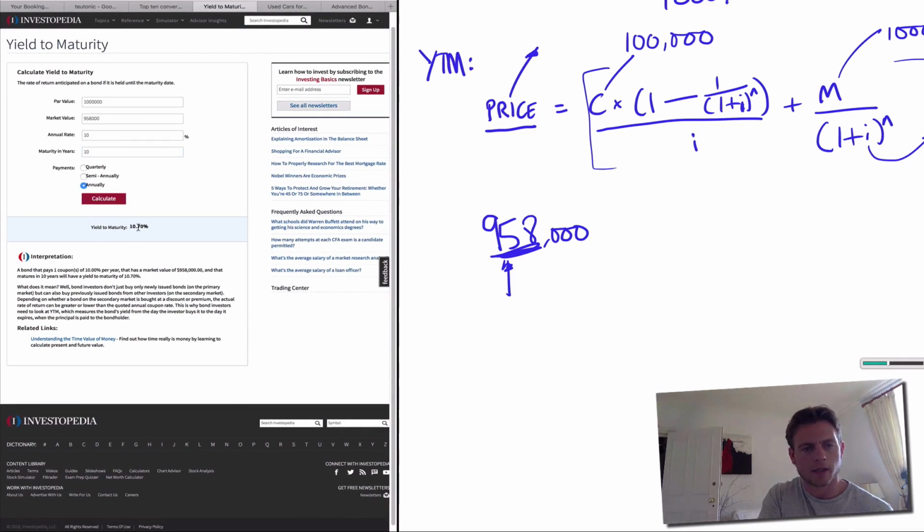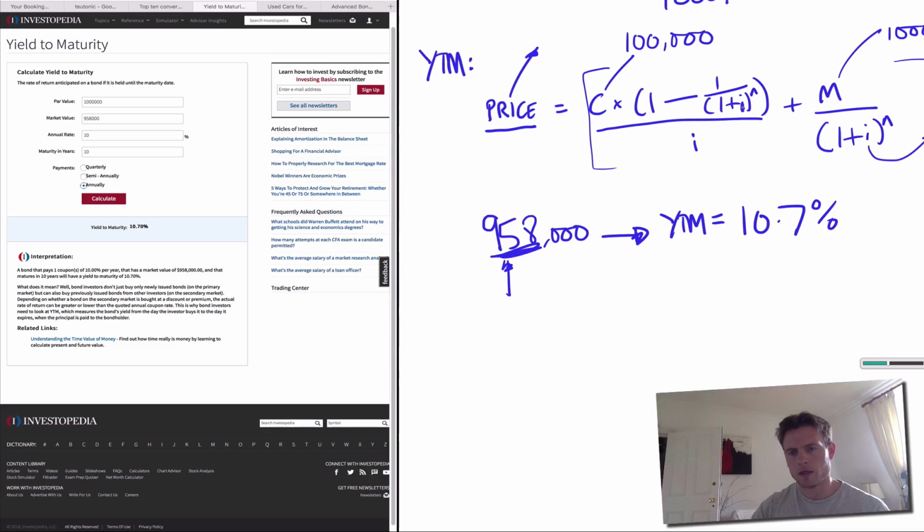So if I just hit calculate on that, it gives me a very simple answer: YTM equals 10.7%. So that's the value of I when I plug it into that formula, and you're welcome to try it out, I can't be bothered, which gives you a price of 958,000.